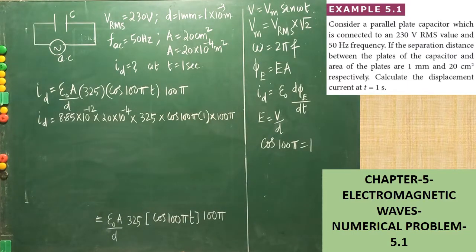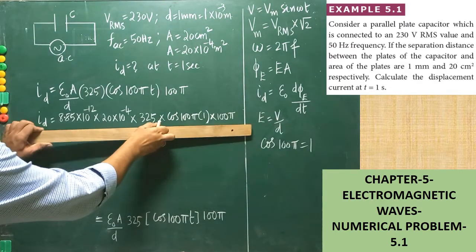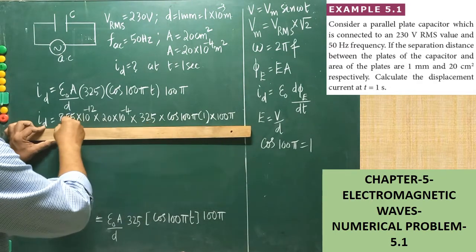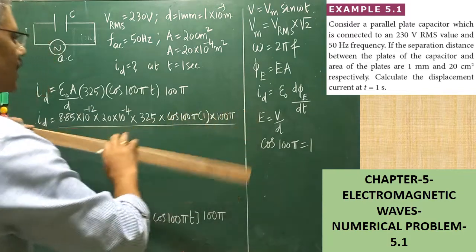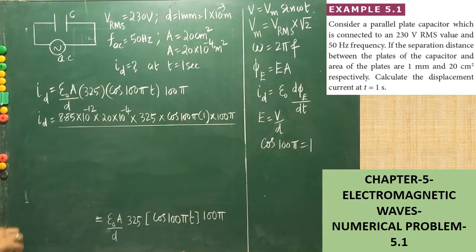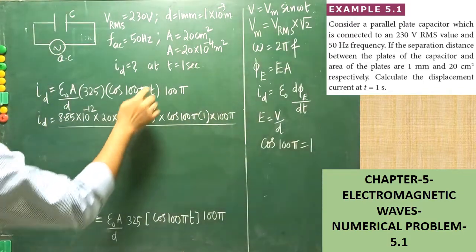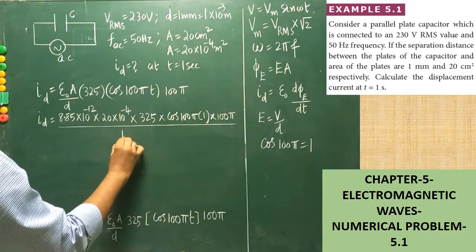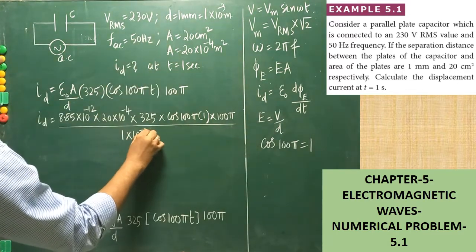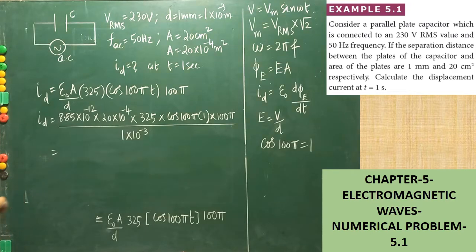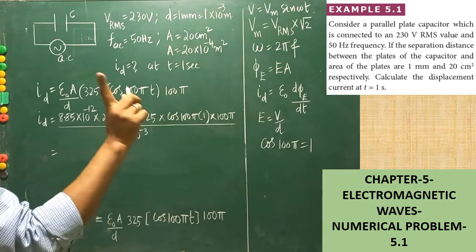Okay. Now, we have to write the denominator. In the denominator, the distance between the plates is there. So, draw the line and then write the denominator. D, the distance between the plates, is 1 into 10 to the power of minus 3. Now, we have to simplify certain factors. Cos 100 pi value is 1.